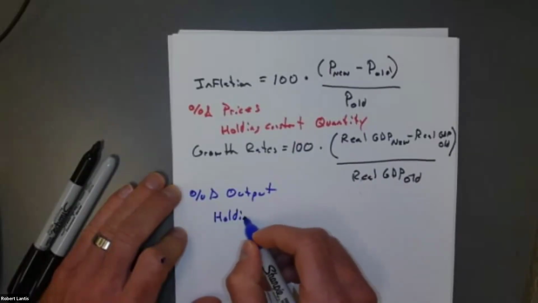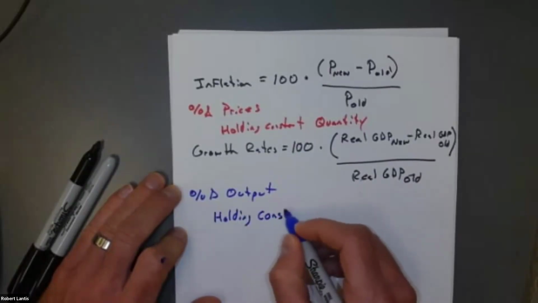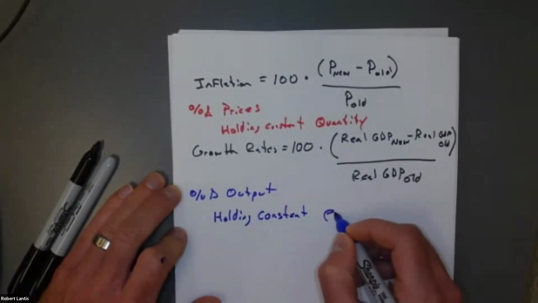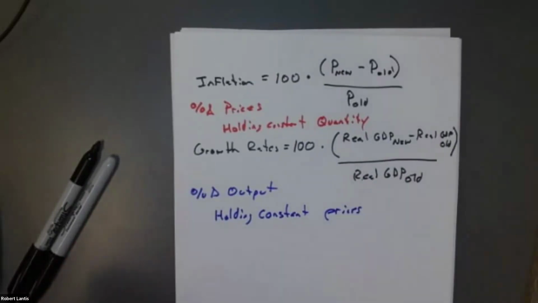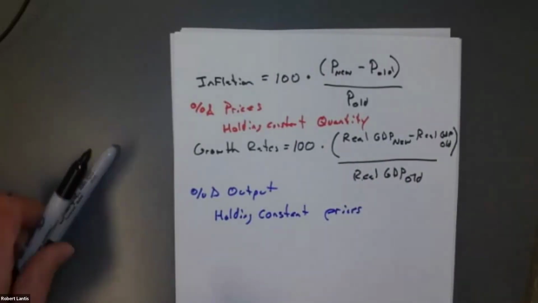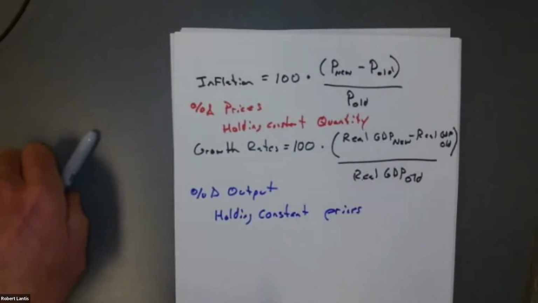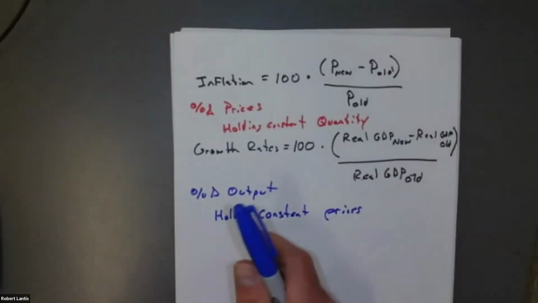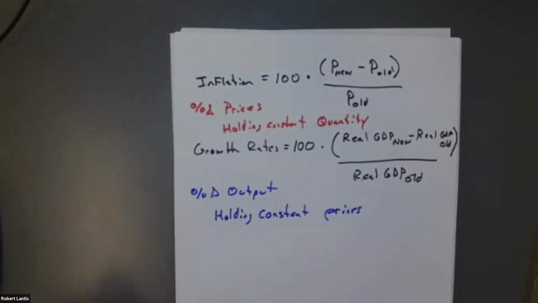But now, because we're using real GDP, what we're trying to hold constant are our prices, right? We know that in most cases, we've got simultaneous changes in prices and output. Each one of these measures is trying to look at each one individually. Inflation looks at percentage change in prices, holding the quantity constant. Growth rates look at percentage changes in output, holding prices constant. Okay.